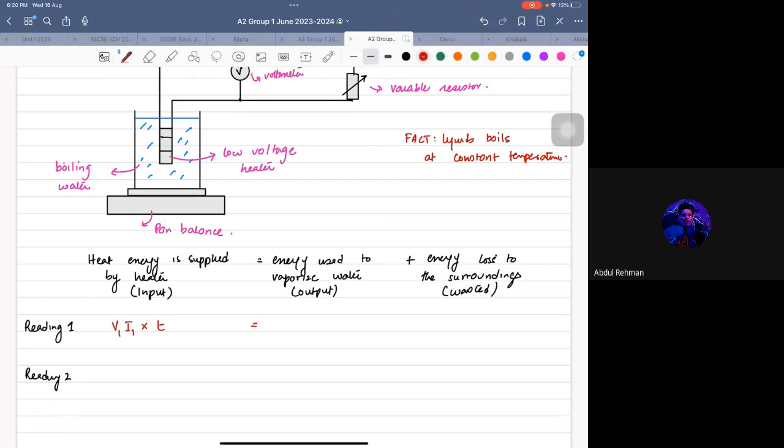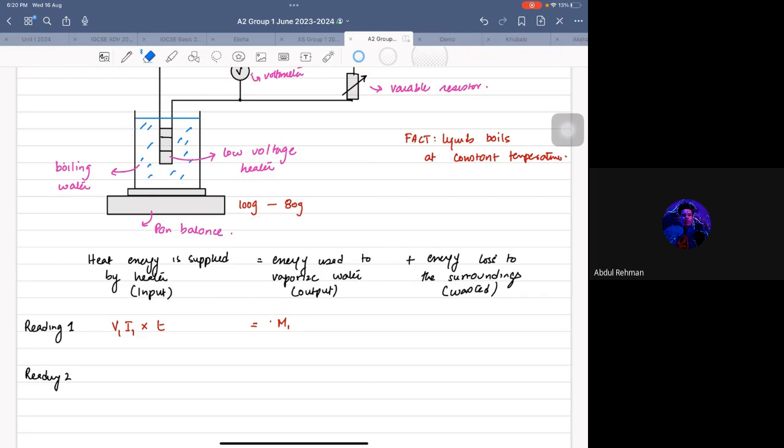Now we check within this 5 minute time how much mass has changed. For example, it showed 100 grams initially, and after 5 minutes, it became 80 grams. So now the mass that is boiled or vaporized is 20 grams.